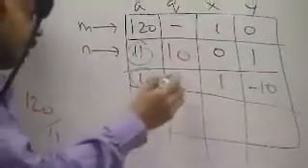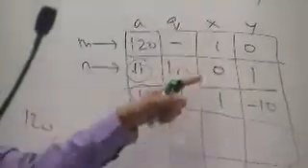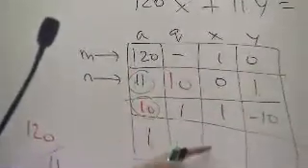The remainder is 1. So what is your x and y? Go up two steps. So 0 minus 1 times 1.